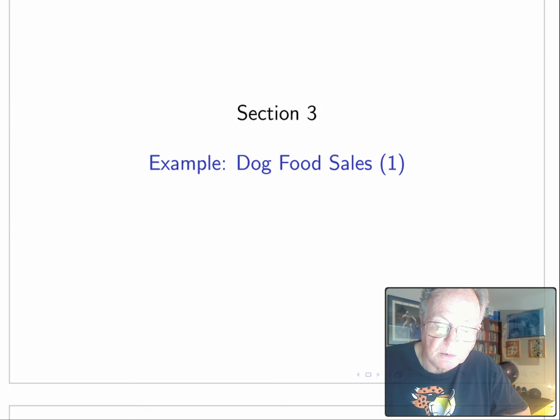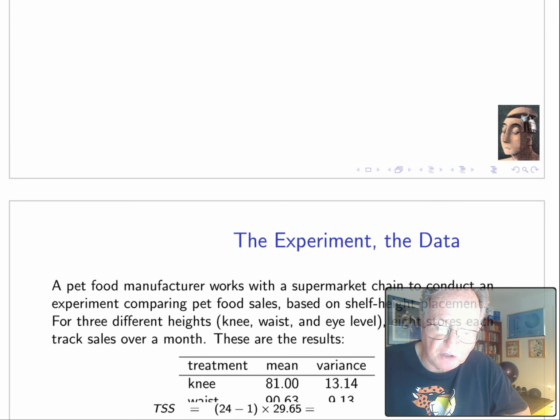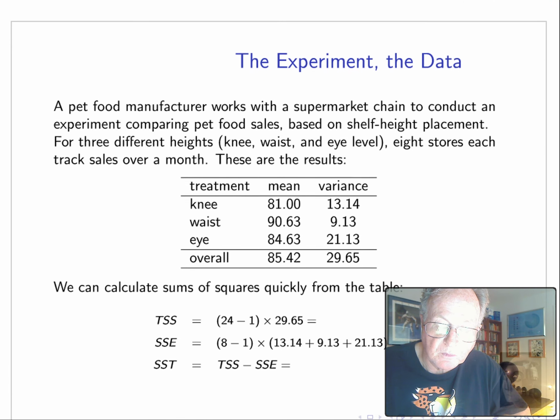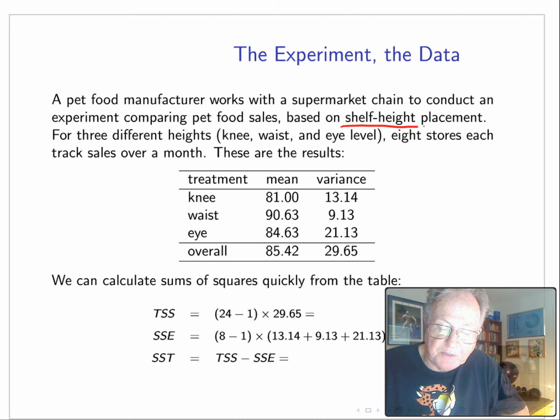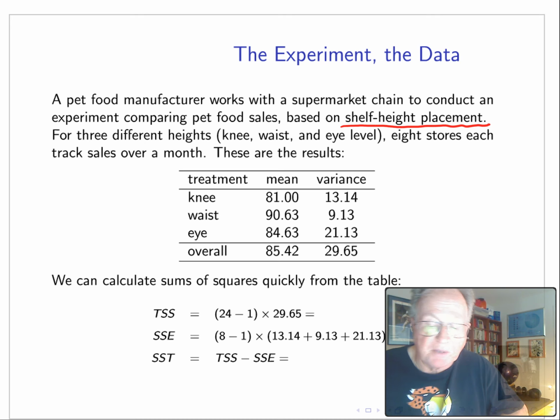So let's go ahead and apply this and see how this works. Here's our experiment. A pet food manufacturer is working with a supermarket chain. They're doing an experiment to compare pet food sales based on shelf height placement. This is important to both of them, since supermarkets charge for various shelf locations.